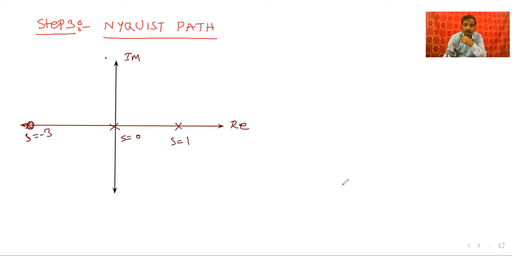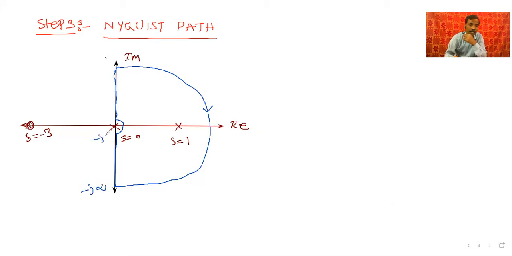Then draw the path. Draw a contour in the clockwise direction. This is minus j infinity, minus j0, plus j0, and plus j infinity.